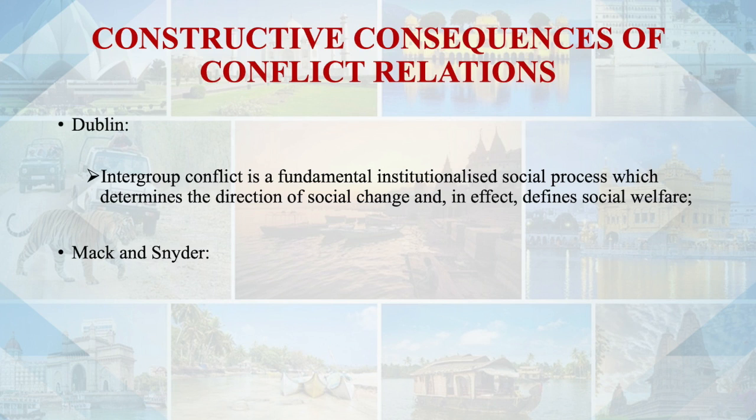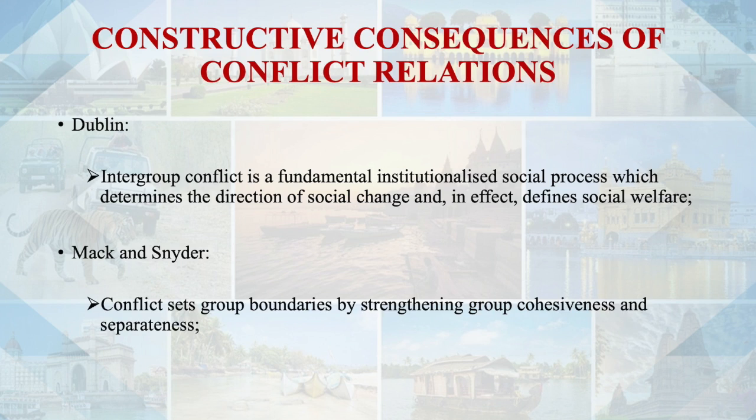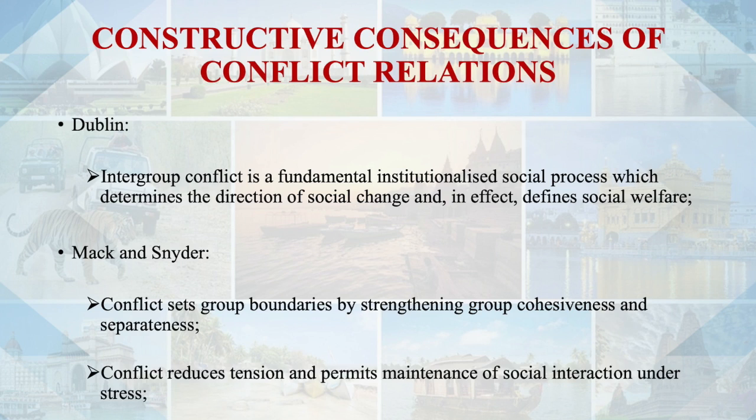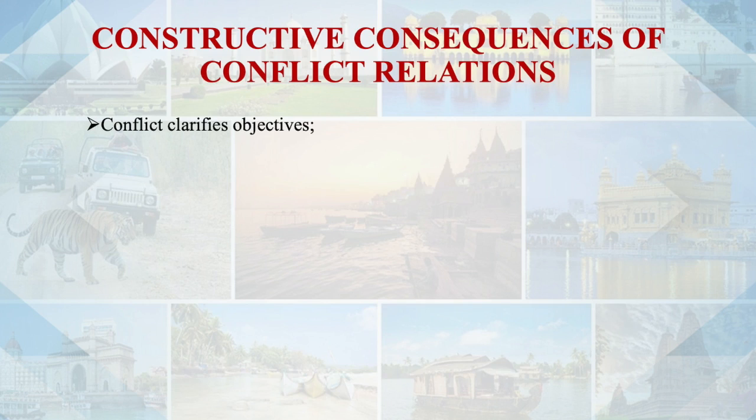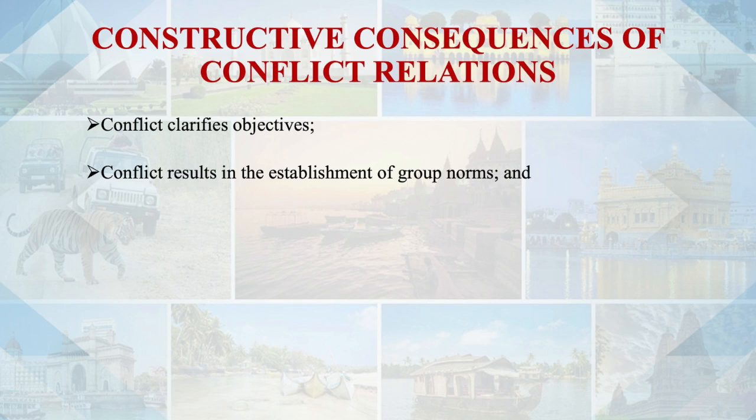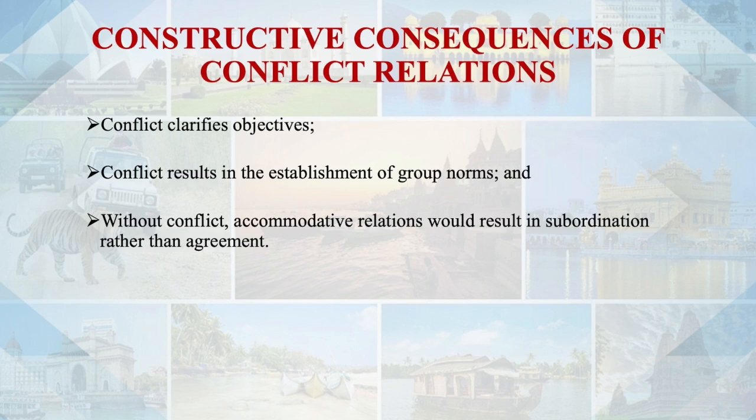Mack and Snyder's definition says that conflict sets group boundaries by strengthening group cohesiveness and separateness. Conflict reduces tension and permits maintenance of social interaction under stress. Conflict clarifies objectives. Conflict results in establishment of group norms, and without conflict, accommodative relations would result in subordination rather than agreement.